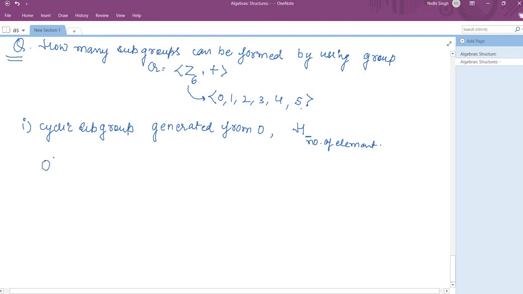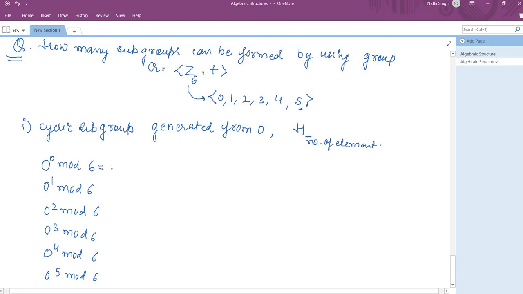So the power is 0 to the power 0 mod 6 because set of residuals is 6 over there. 0 to the power 1 mod 6, 0 to the power 2 mod 6, 0 to the power 3 mod 6, 0 to the power 4 mod 6, 0 to the power 5 mod 6, and we have to stop over there because maximum power is stopping over there means 5.